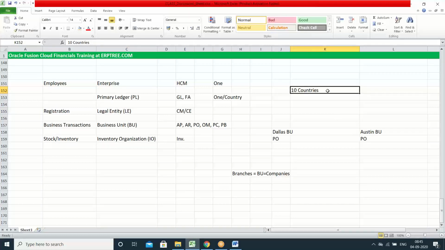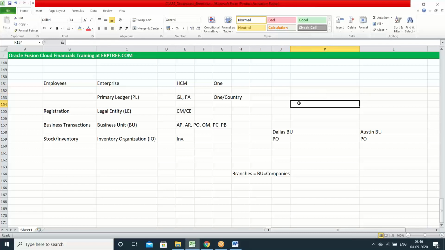That means it totally depends on how many registrations they have across 10 countries, that many legal entities. That's all. So you cannot say directly 10 countries, 10 legal entities. No. In some countries, they may have multiple registrations if they want separate registrations for different businesses in the same country. That is the reason the legal entities always depend on the number of registrations. That is a very important point.